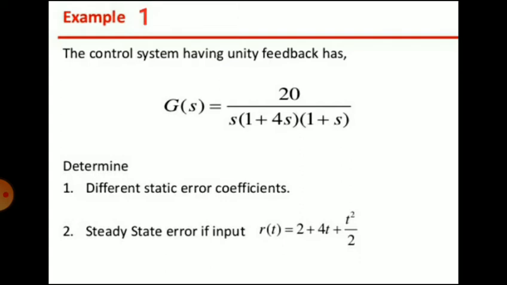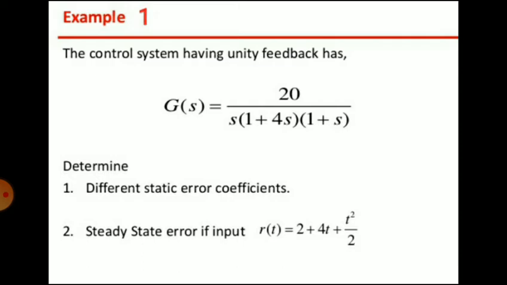Then for the different inputs we have different formulae. For step input, we find the static error coefficient Kp, the positional error coefficient, equal to limit s tends to 0 G(s)H(s), and the corresponding steady state error is ESS equal to A upon 1 plus Kp.